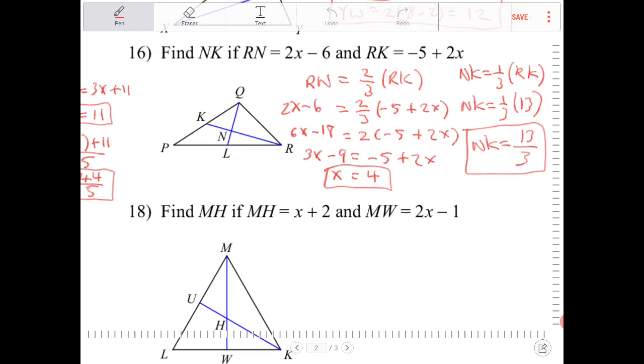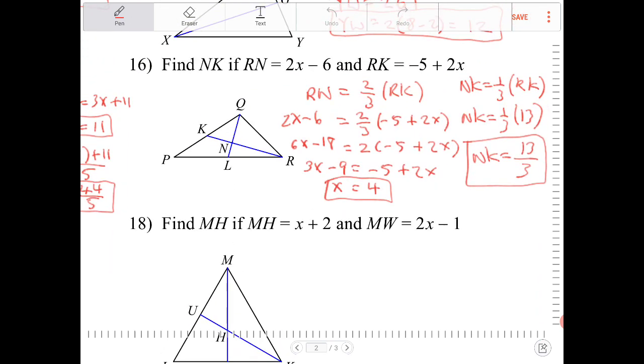So let's see here. Rn is 2/3 of rk. Yes, that is true. 2x minus 6 is equal to -5 plus 2x. Divide by 2, 3x minus 9 is equal to -5 plus 2x.